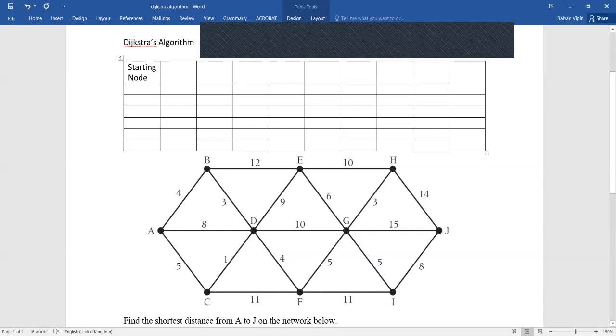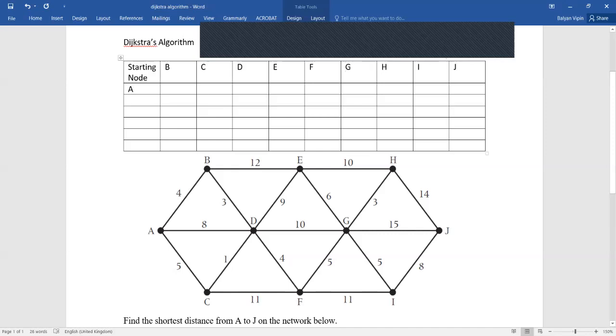So what nodes we have possible is we want to start from A, so you write A here, then C, D, E, F, G, H, I, and J.